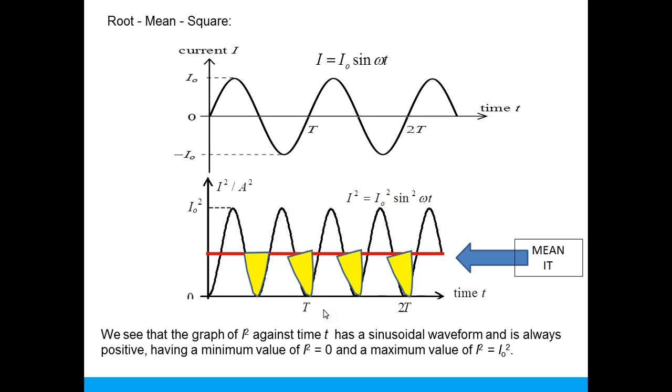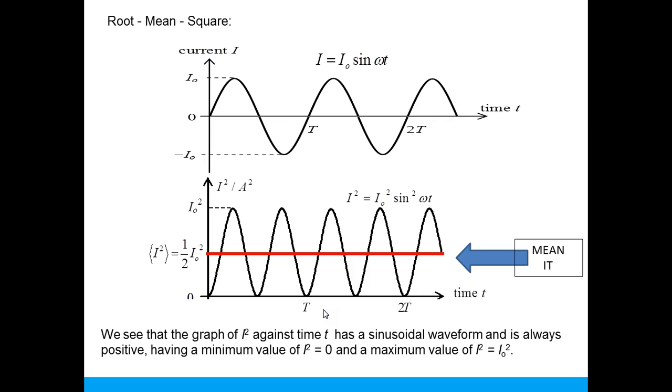We notice that the mean value of the I-square graph is simply half of I0 square, since the peak value is I0 square. This is due to the graph being symmetric along this line.